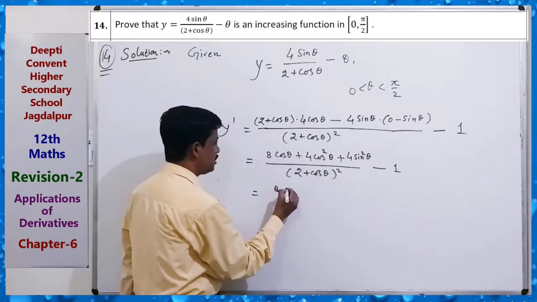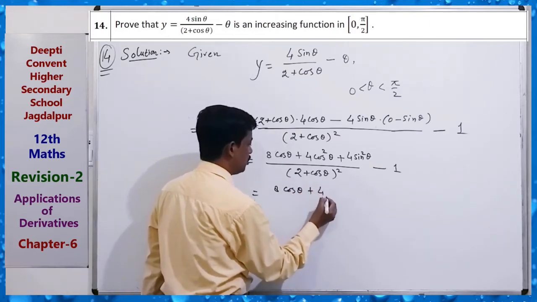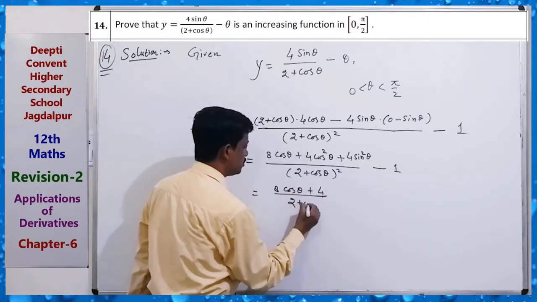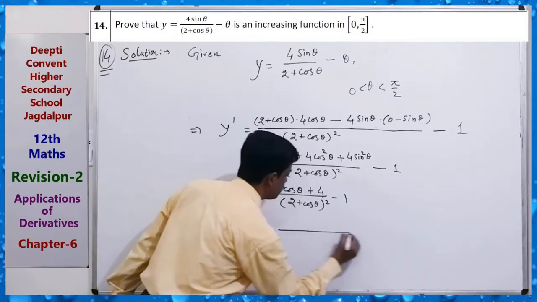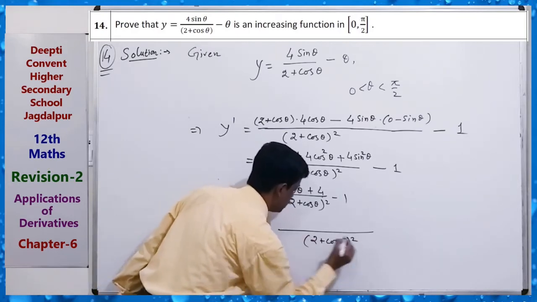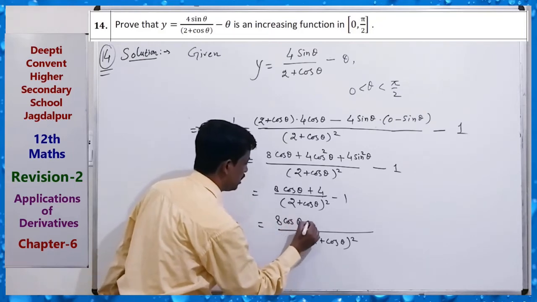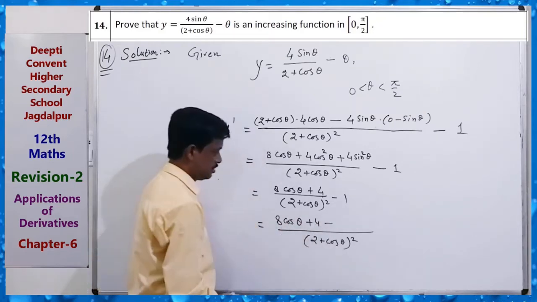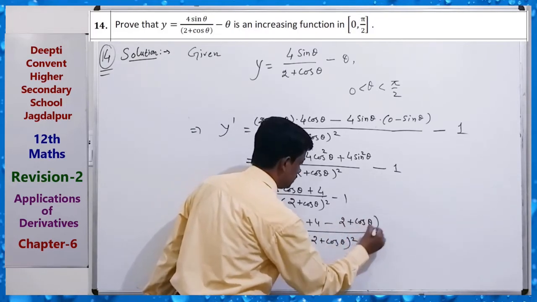That is 8 cos theta plus 4 upon 2 plus cos theta square, minus 1. You can solve it by taking LCM, 2 plus cos theta square. Here 8 cos theta plus 4 minus 2 plus cos theta square.